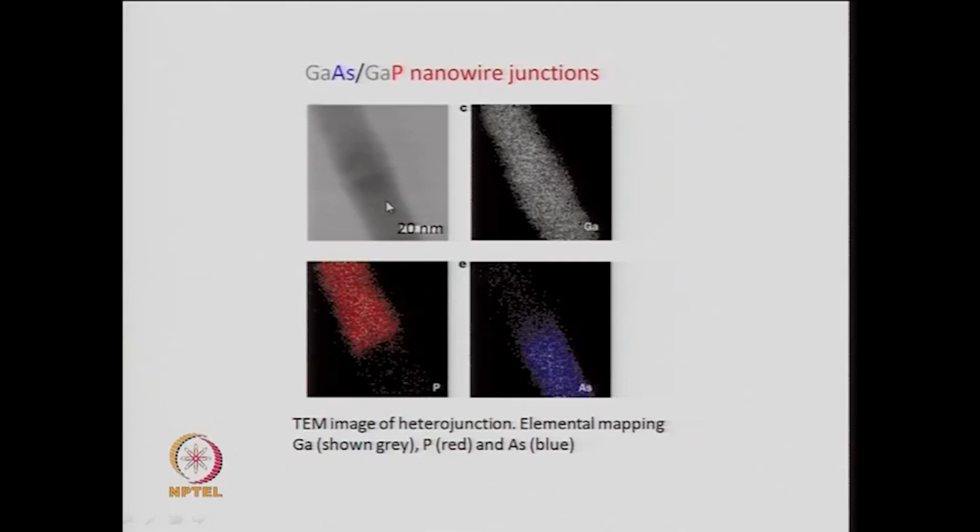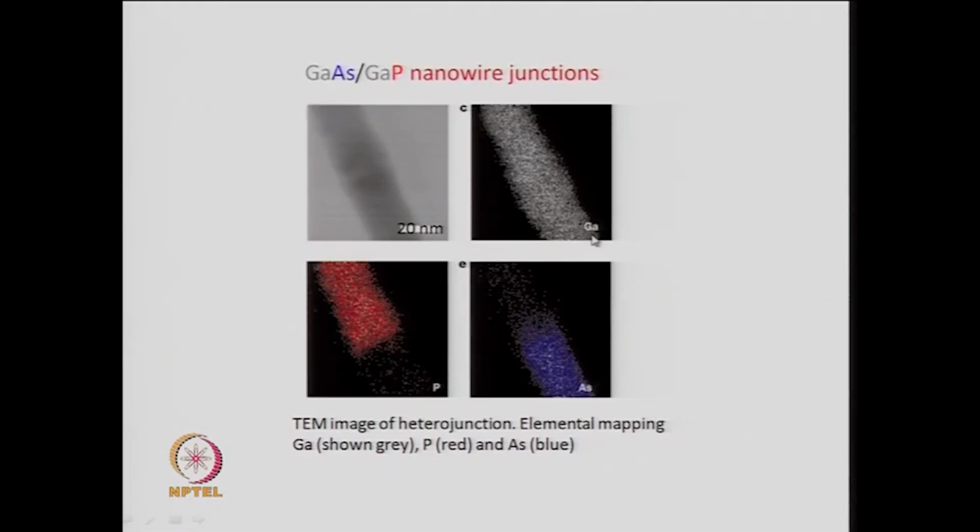This is a low resolution TEM, and if you want to see exactly where your gallium arsenide is and where your gallium phosphide is, then you have to do what is called mapping, and in that, as you see, you color code different elements. So, you do what we call an EDAX mapping. It maps wherever one metal is there, and it is color coded with one specific color.